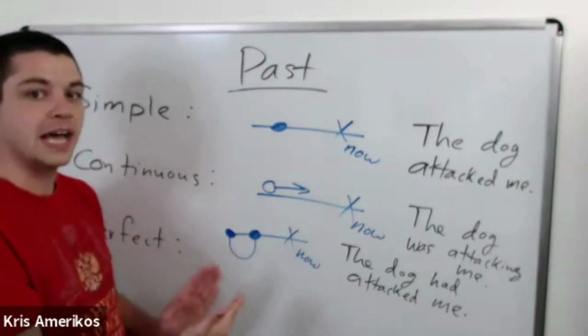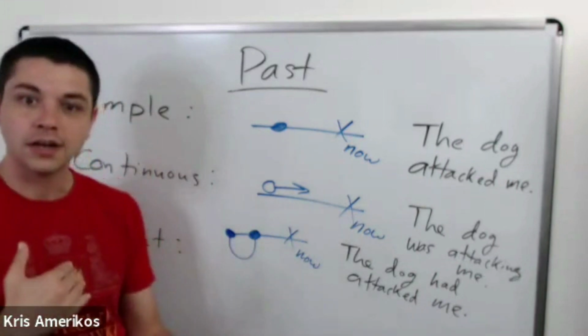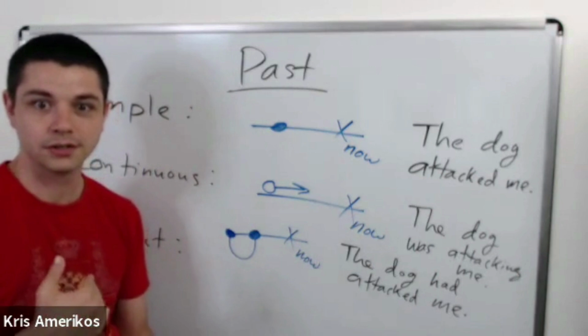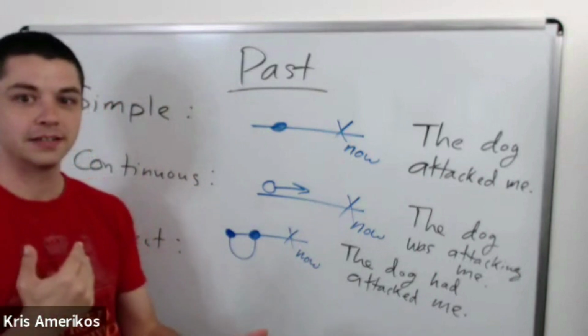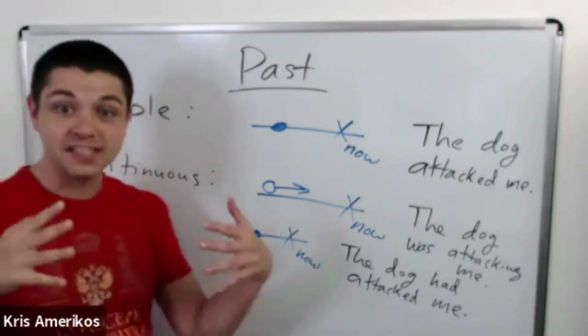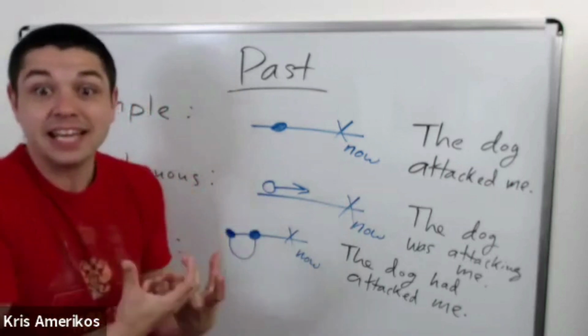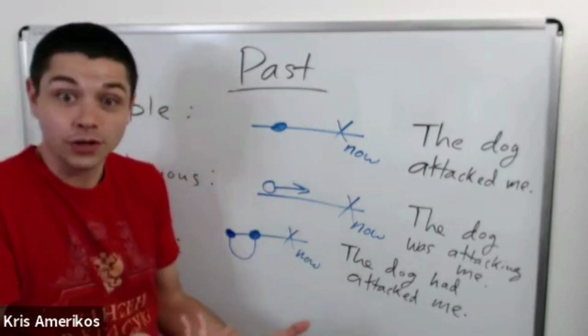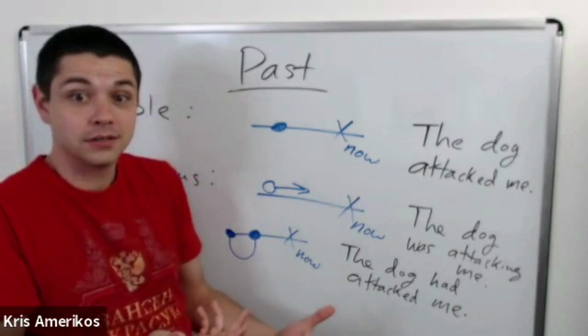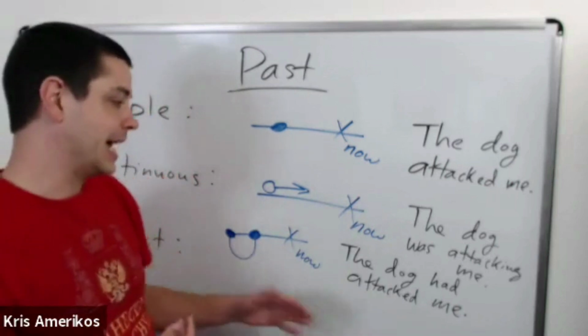Right? So the dog attacked me before I was late for work. Before that. And this is connected. It explains why I was late for work. Right? The dog had attacked me.